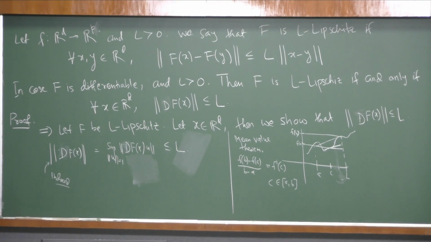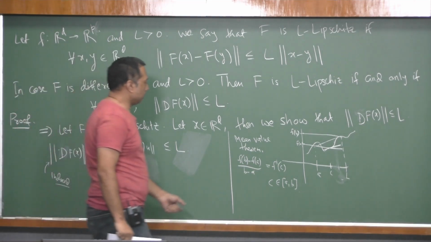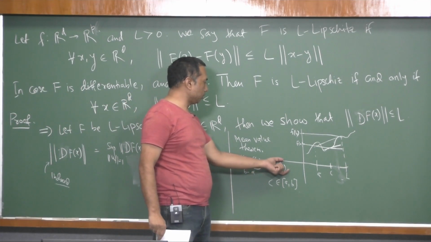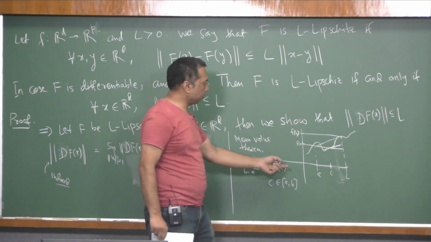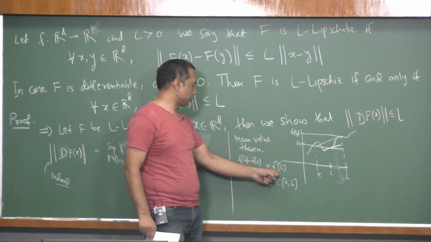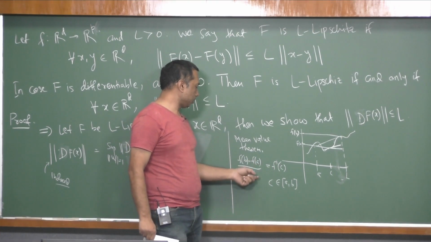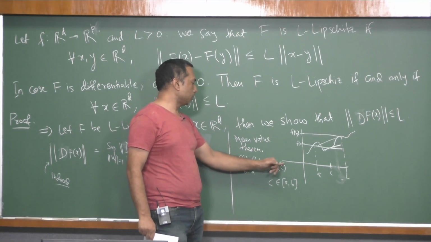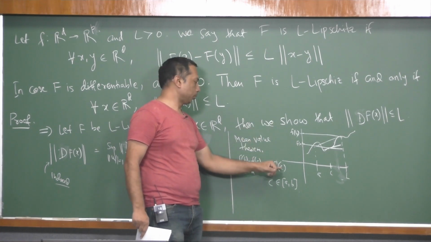In a slightly more advanced case of that, we may say that it's less than or equal to the supremum of all the derivatives that you can get. I can relax this more, so I can say that f(b) minus f(a) by b minus a is less than or equal to the maximum possible slope you can have.